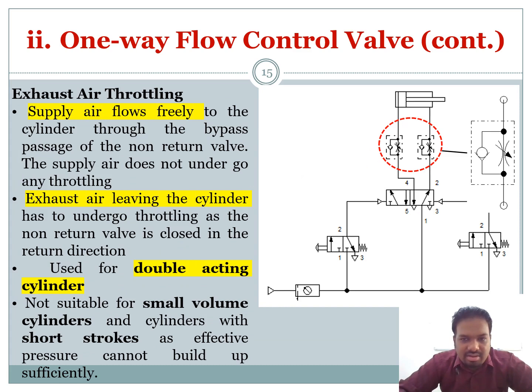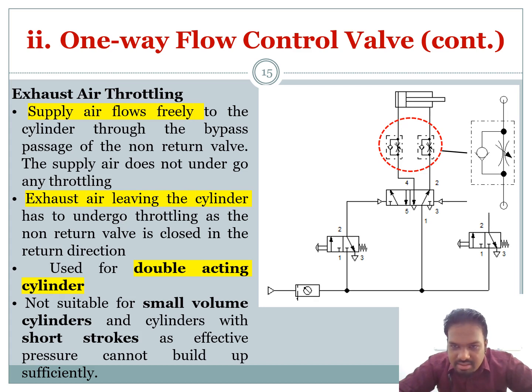So exhaust air throttling means they amplify this, they already magnify. So you can have a system, similarly, so when the air is exiting the cylinder, it will come here. So let's say this is this part.